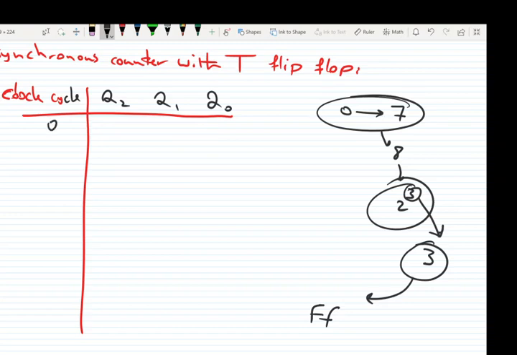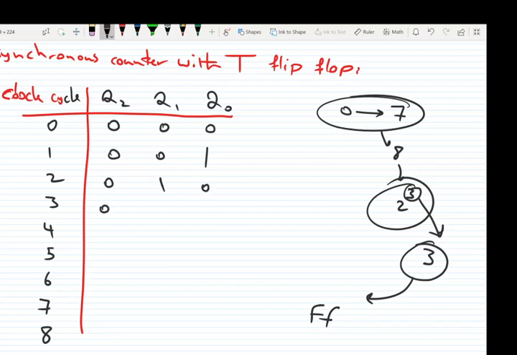Clock cycle 0, 1, 2, 3, 4, 5, 6, 7, 8. At the initial point we want to have Q2, Q1, Q0 equal to 0. For 1, we have 0, 0, 1. For 2, we have 0, 1, 0.